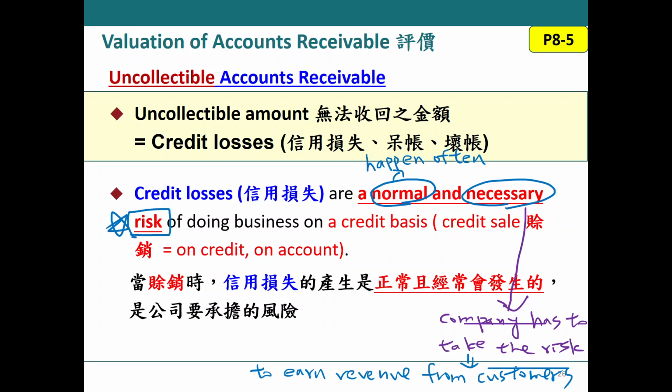Why? Because it's normal and necessary. So we want to tell this kind of risk to financial statement users in advance, to let them expect what's going to happen in the future. So the risk hasn't happened yet.